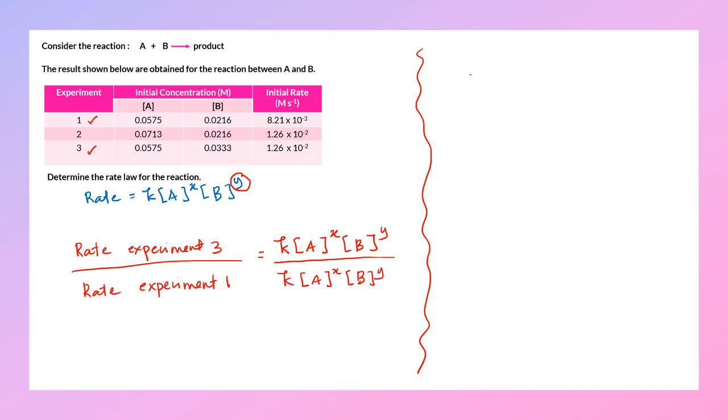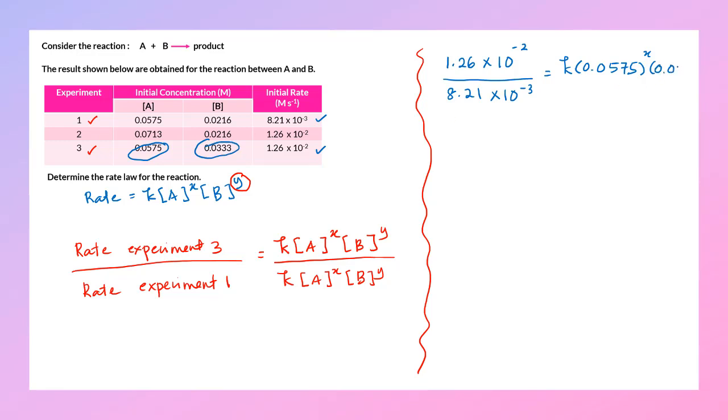The initial rate is 1.26 times 10 to the power of negative 2, divided by 8.21 times 10 to the power of negative 3, which equals K times the concentration of A, 0.0575, to the power of X, times the concentration of B, 0.0333, to the power of Y, divided by K times the concentration of A from experiment 1.